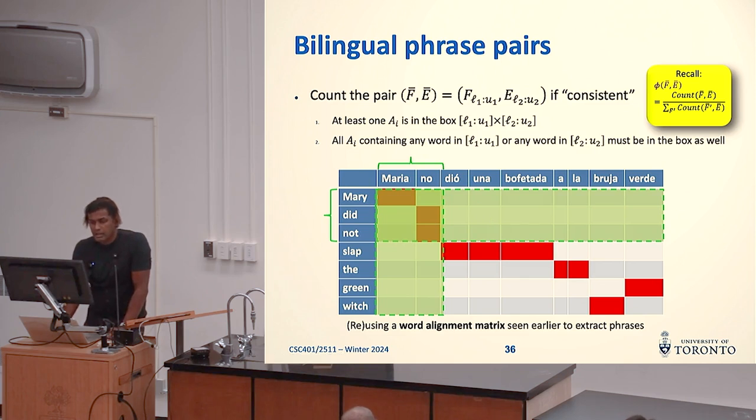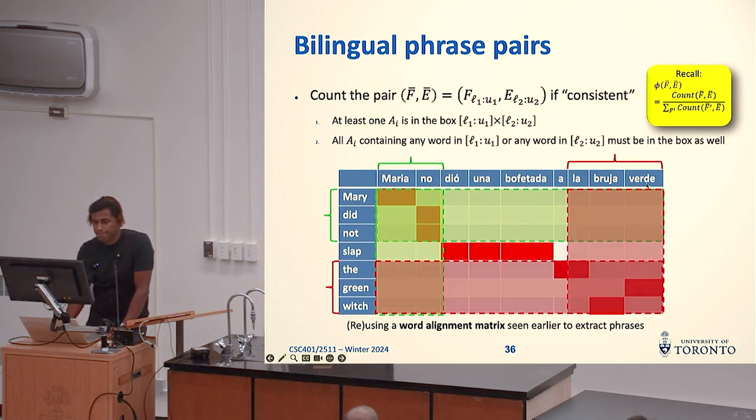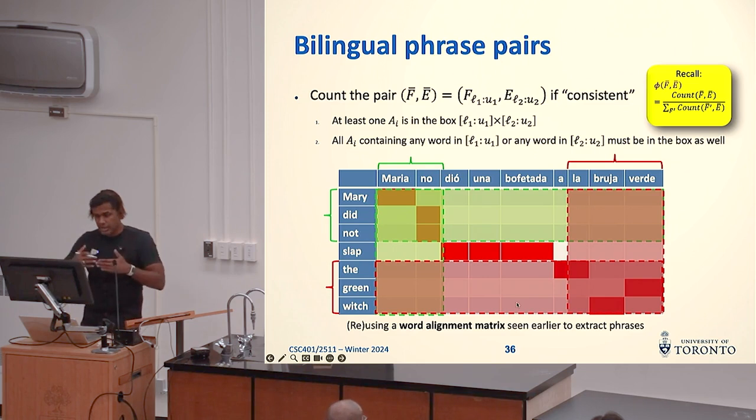Let's take another one that violates it. Let's take the phrase "the Greenwich" and "la Bourgeois Verde". If we do that, the first criterion is satisfied, but the second is not, because there's a word that is not in the span intersection but is occurring in the partition, so it's not consistent.